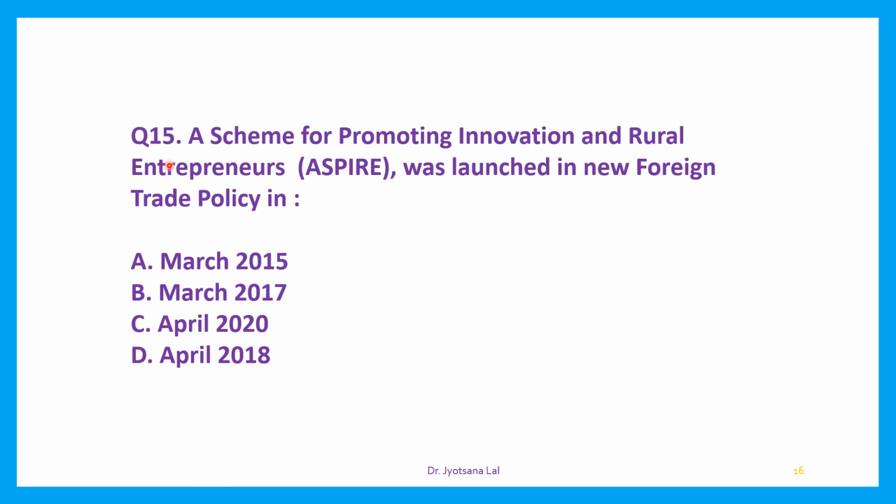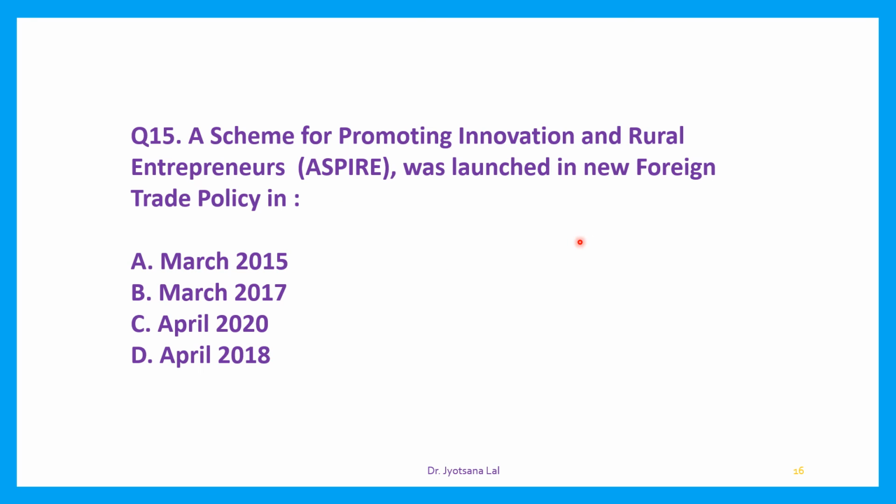Question number 15. A scheme for promoting innovation and rural entrepreneurs was launched in new foreign trade policy. You have to find out the year when this particular scheme was launched. This scheme is also known as ASPIRE in short, but you should know the full form of this particular term.